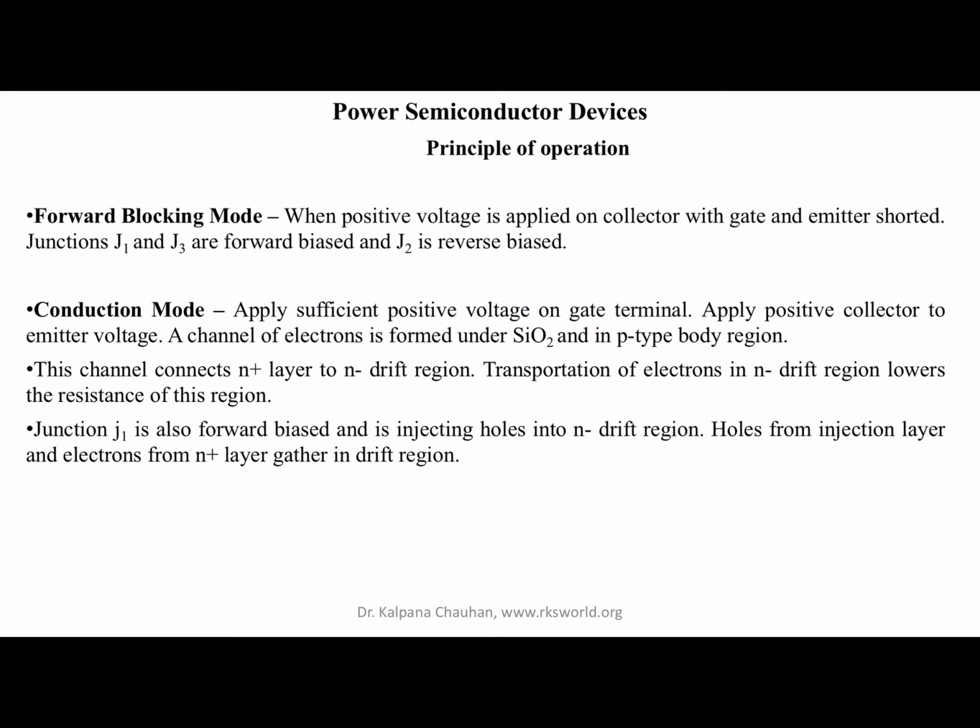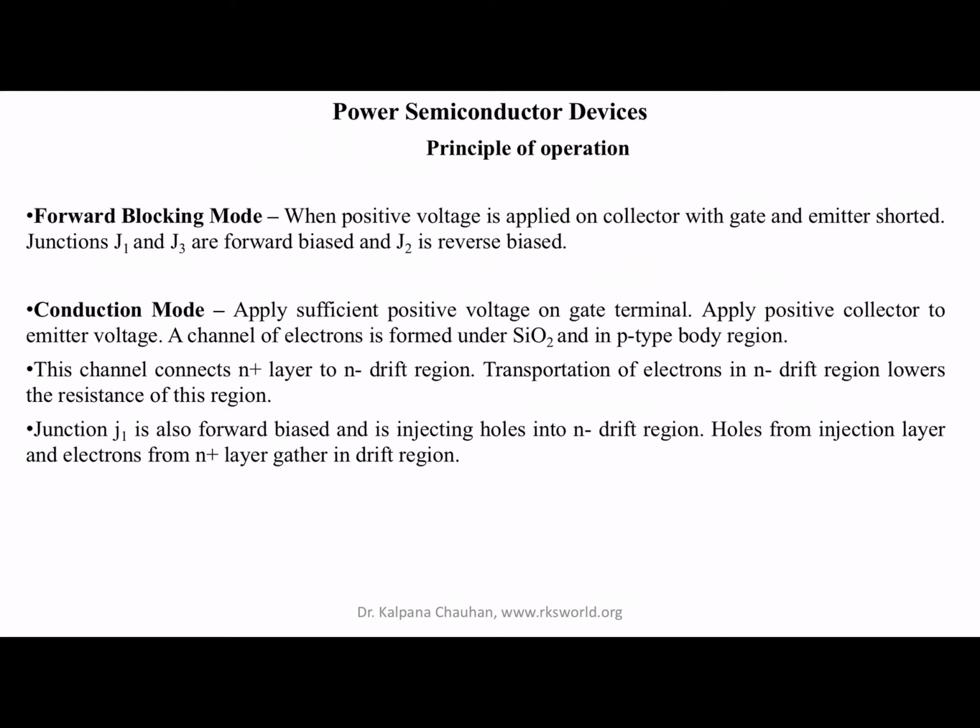In conduction mode, apply a sufficient positive voltage on the gate terminal. Apply positive collector to emitter voltage. A channel of electrons is formed under the SiO2, that is under the gate and in the P-type body region. This channel connects the N plus layer to the N minus drift layer.